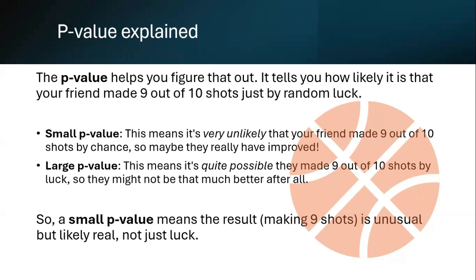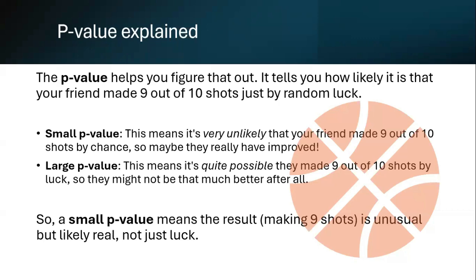If you have a large p-value, that means it is quite possible that he made 9 out of 10 shots by luck. He basically closed his eyes and threw the ball up, and 9 out of 10 times it just so happened to hit the mark. So a small p-value means the result is unusual but likely real and not just luck.